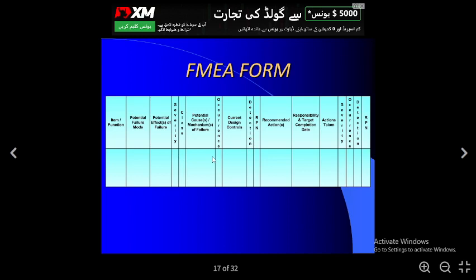You multiply the three, 10 into 10 into 10, maximum is 1000. So you're gauging them, and whatever values you received from your experience or from the design engineering point of view, you will put them over here, multiply them, and you'll get your RPN numbers, risk priority numbers. Once that is done, now you have to sit back at the drawing board, and after reading all these FMEAs, you have to suggest recommended actions for all those failure modes.